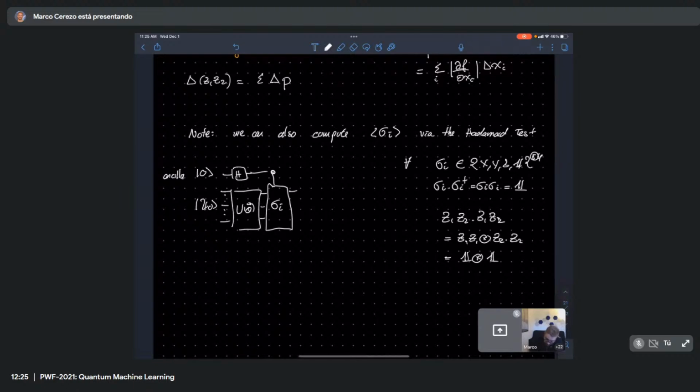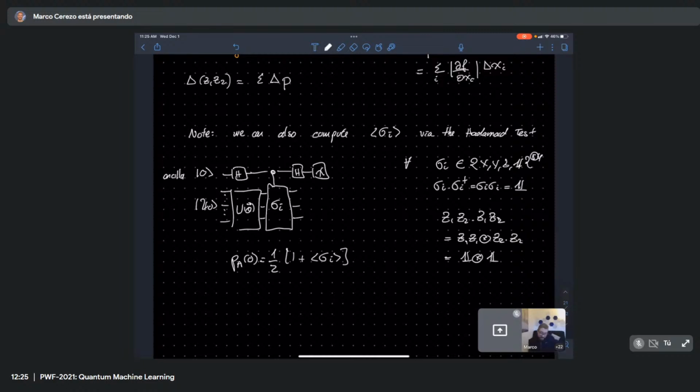So we just do this, do our Hadamard test, we measure, and we know that the probability of the ancilla qubit being non-zero is going to be one half of one plus, again, this unitary is Hermitian, so no real part, the expectation value of sigma i. So this is another way that you can use another circuit to compute the expectation value of sigma i.